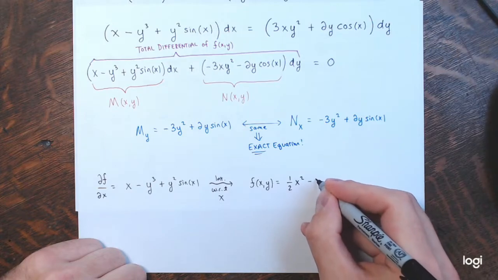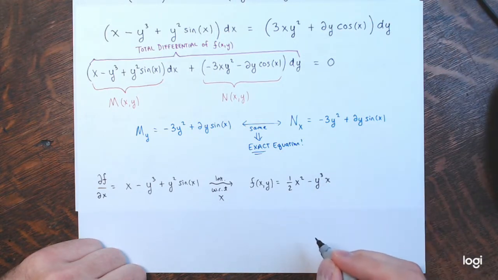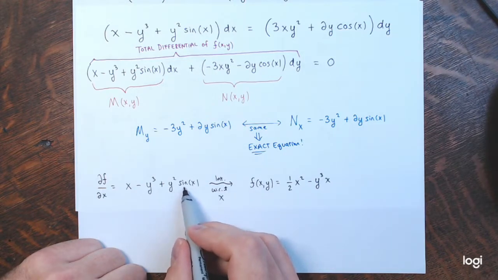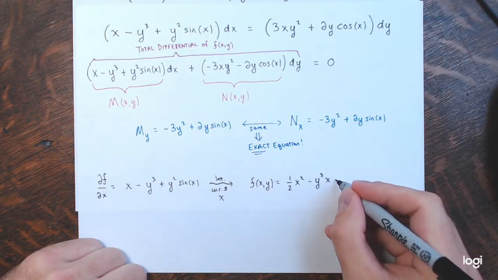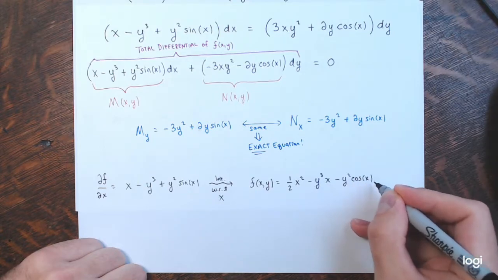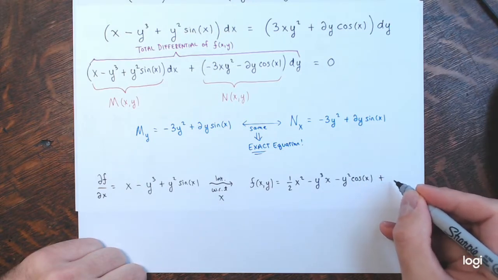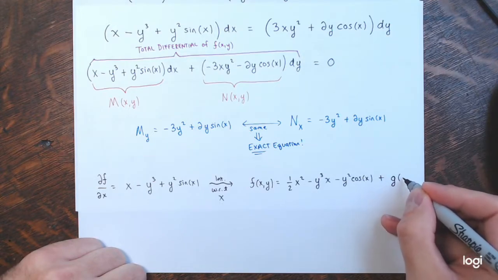Remember, y is treated as a constant, so y cubed would be constant. And then the antiderivative of sine x would be negative cosine x. So we have minus y squared cosine x, and then plus some constant. Now again, the constant here is going to be a function of y, say g of y.